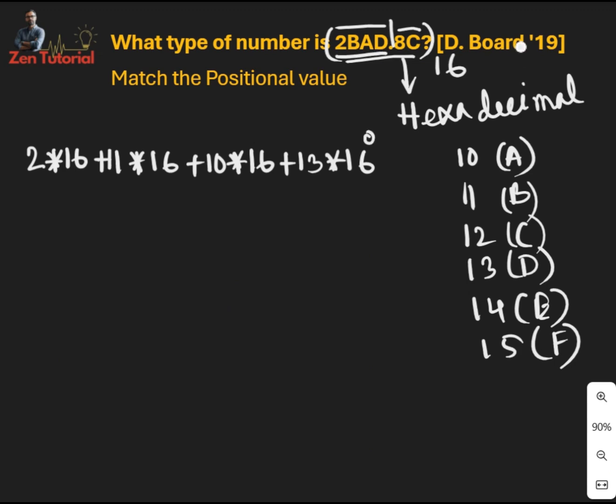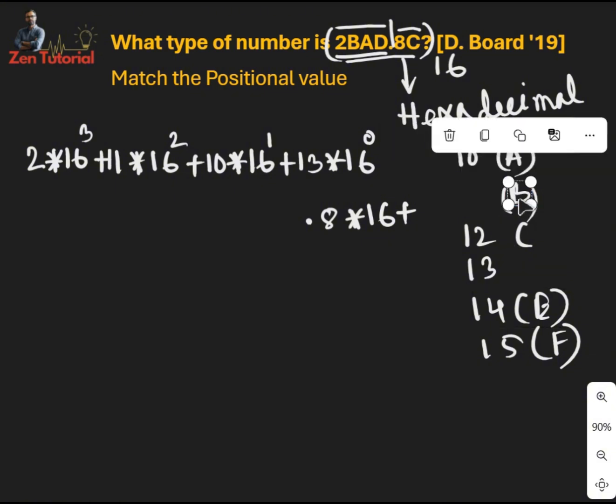So this will be 0, afterward 1, this is 2, and this is 3, the weighted value for the positional value. And afterward, the radix point, let's write down here, and 8 times 16 plus, let's delete this value, we don't need it right now.